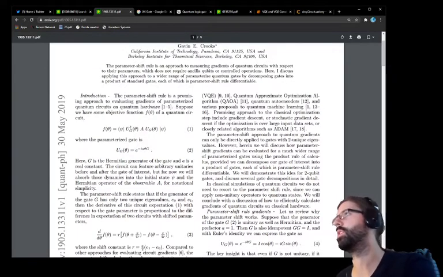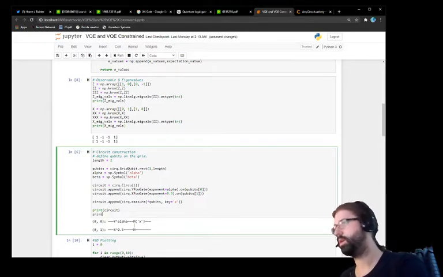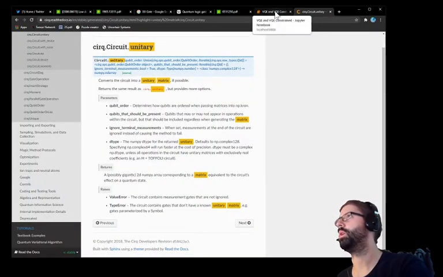A here is the observable. Okay, cool. So if I have the circuit, I now say: print me the circuit unitary, please.